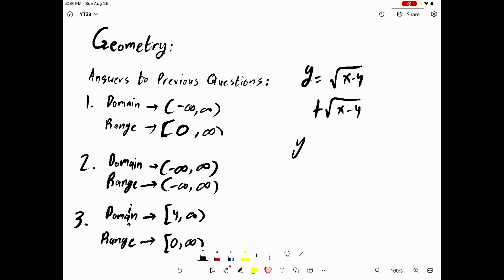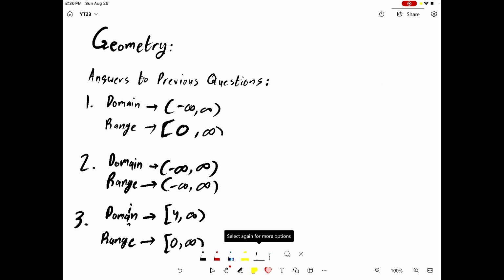Otherwise, they would have specified it in a piecewise function. That's more of a pre-calculus concept. Normally they don't cover it in algebra, but normally you would just take the positive root. That's why we have 0 to infinity including 0.